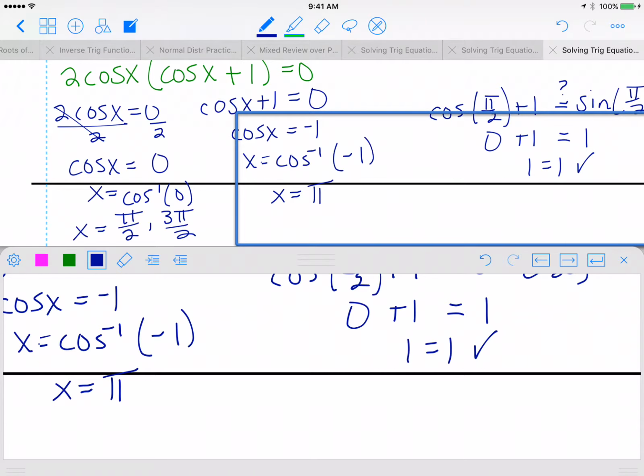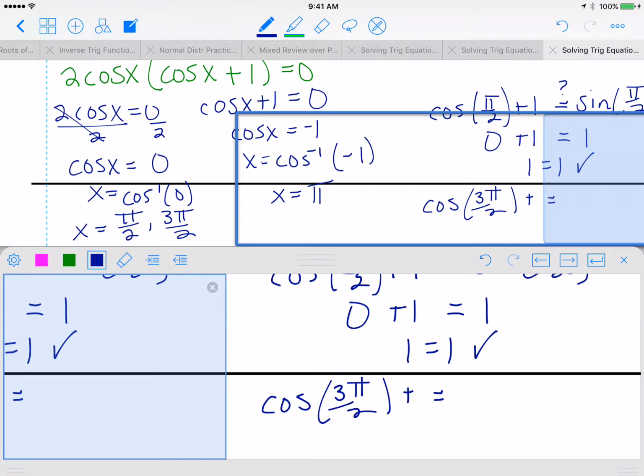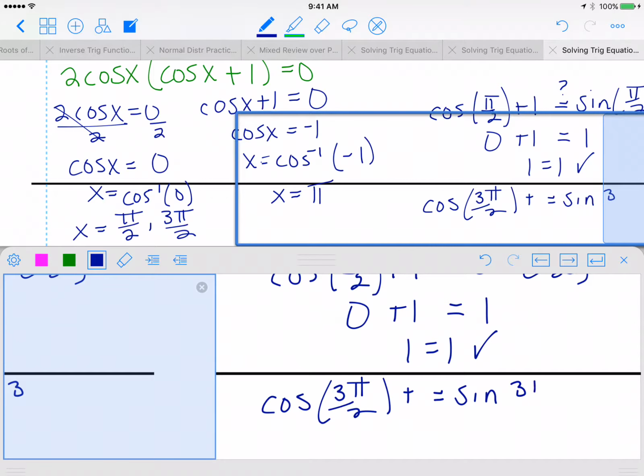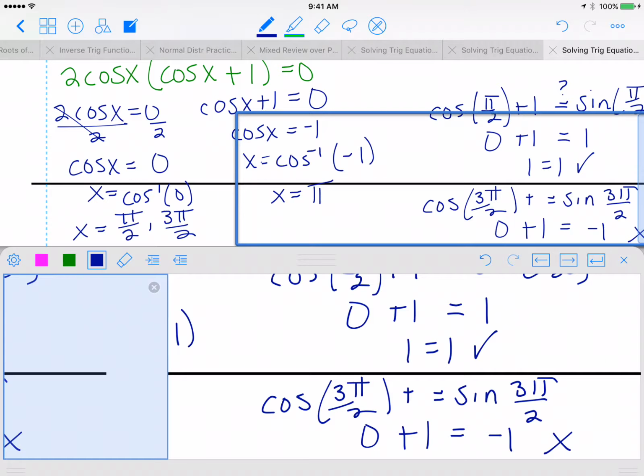However, when you plug in 3 pi over 2, does cosine of 3 pi over 2 plus 1 equal sine of 3 pi over 2? Let's see if that works. Cosine of 3 pi over 2 is 0, plus 1, and sine of 3 pi over 2 equals negative 1, and that doesn't work. So that's an extraneous solution.